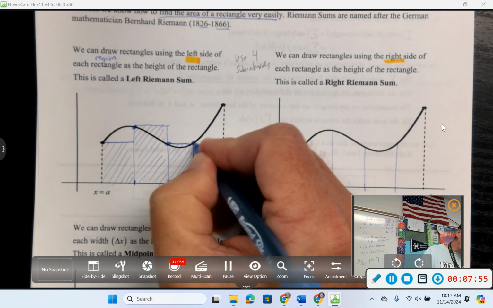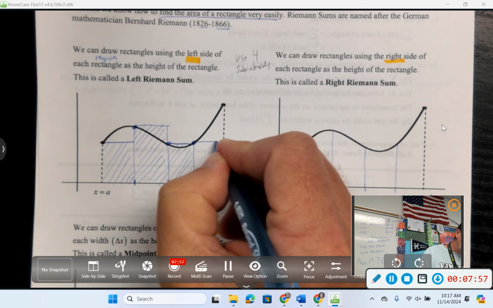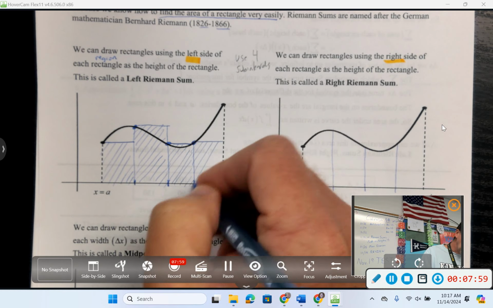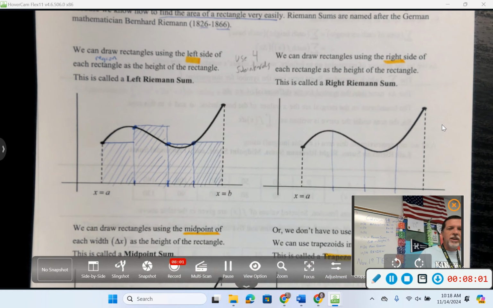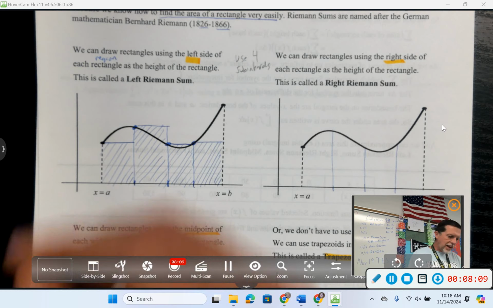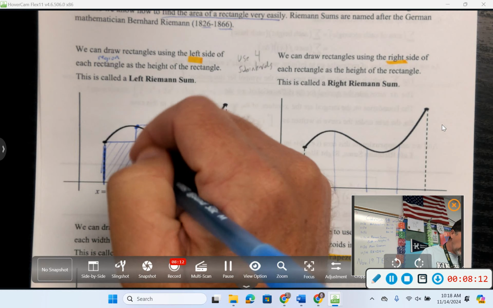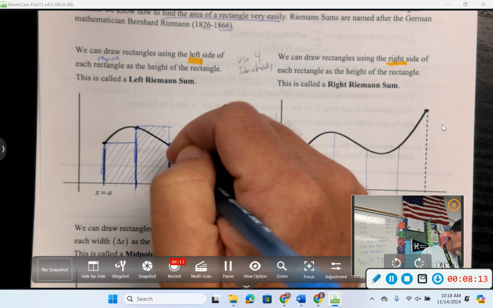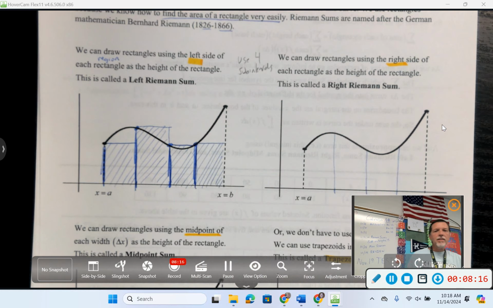Last one, using the left-hand height. That one's definitely under, but it's an approximation, so we're not worried about over or under just yet. Those are my left-hand heights. That's my left-hand rectangles, left-sided rectangles.